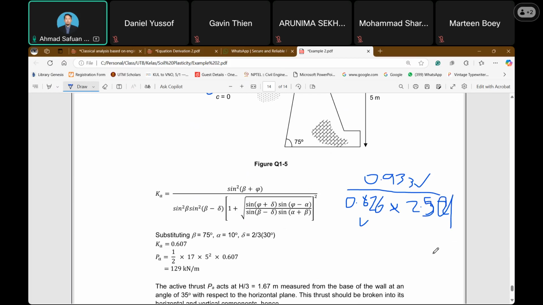Then 0.93 divided with 0.626. Sorry, mistake on the 2.95.